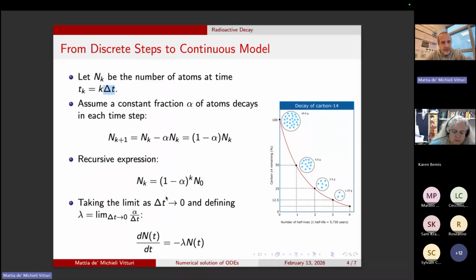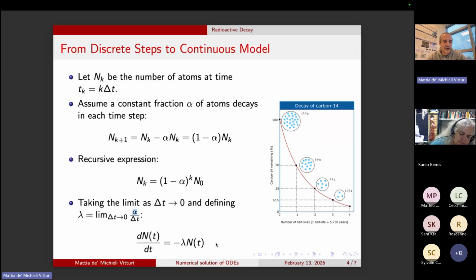By doing that, and then taking the limit for delta t going to 0: when we divide by delta t, on the left we have N_{k+1} minus N_k divided by delta t. On the right we have minus alpha divided by delta t multiplying N_k. If we take this limit and define lambda as the limit of alpha divided by delta t, you see that we obtain exactly an ordinary differential equation.